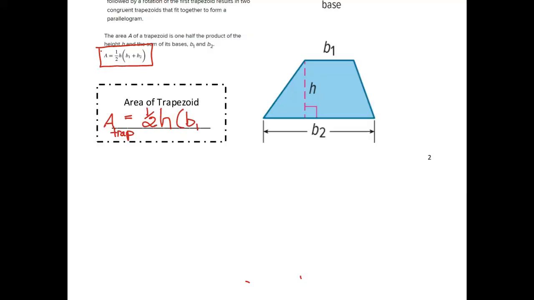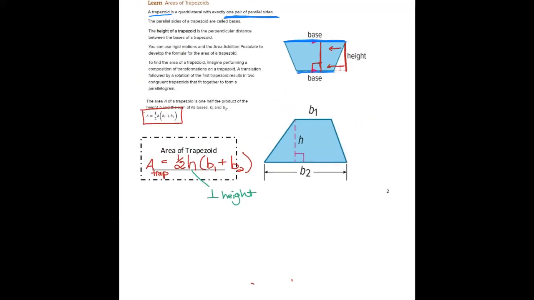So that's base 1 plus base sub 2. Now, remember, the height has to be a straight up perpendicular height. And the bases you have to add together first. We're not going to be distributing with those bases most of the time. That is a trapezoid.